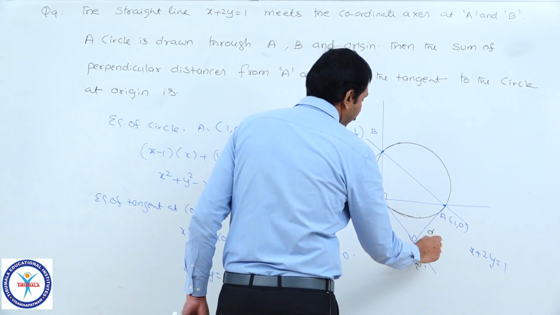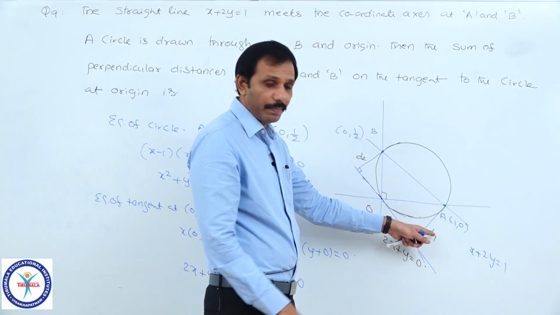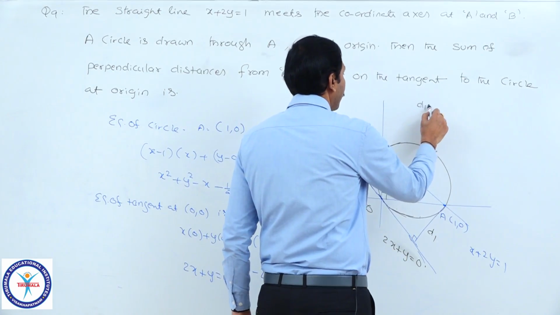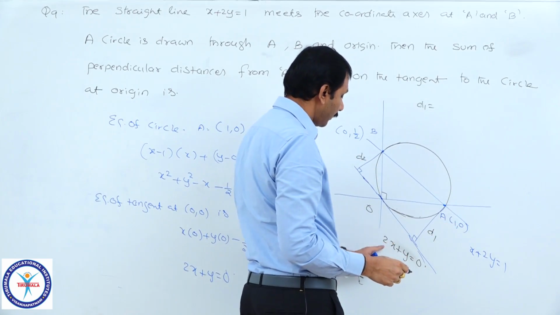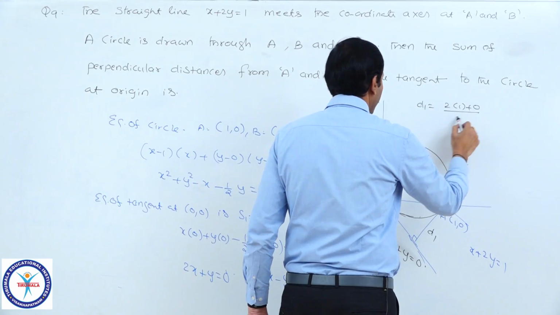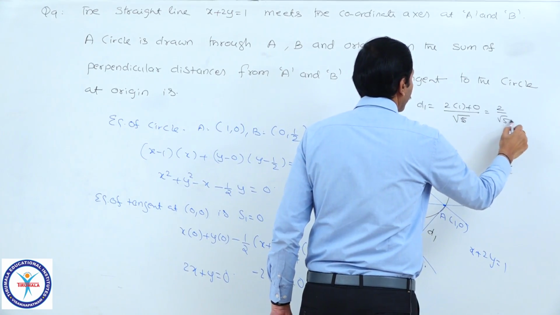Now, suppose I call the distances d1 and d2. I will find the perpendicular distances. d1 is the perpendicular distance from (1, 0) to this line: (2 × 1 + 0)/root(4 + 1) = 2/root 5.